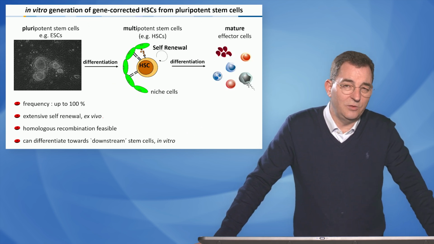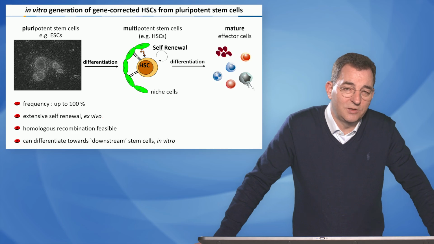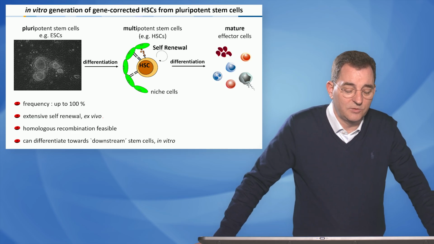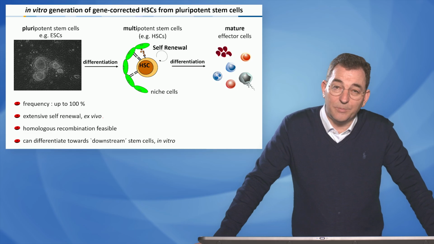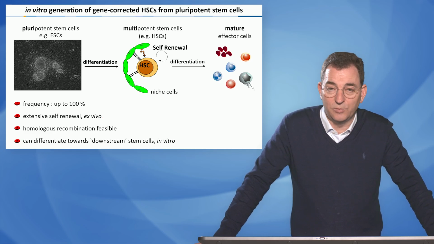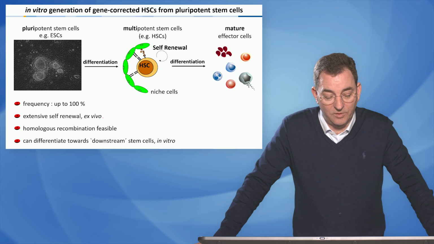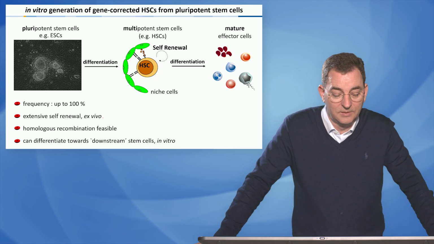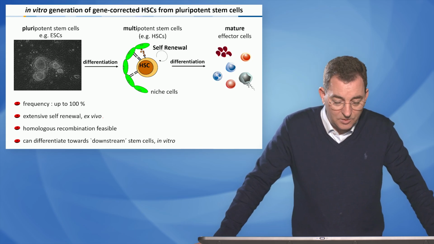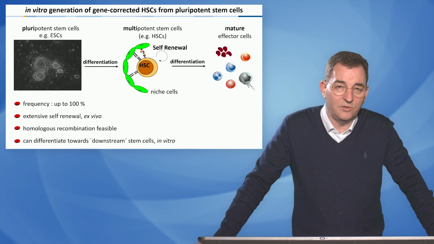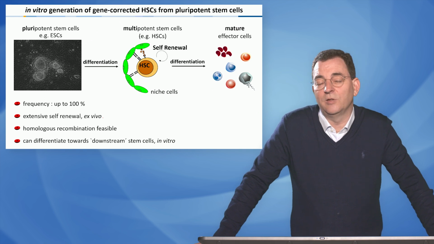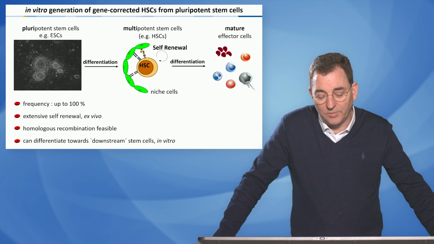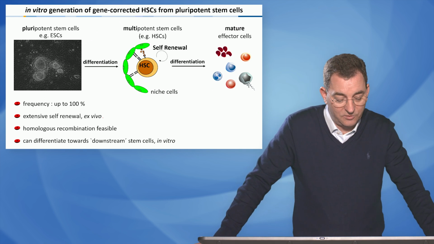In contrast to using adult stem cells, which are in the body only in very, very low numbers, one alternative would be to use an upstream type of stem cell, the pluripotent stem cells, which, as I said before, can be nicely cultivated, not only from mice, but also from humans and other animals. The nice thing is that these embryonic stem cells, or pluripotent stem cells, are present at a frequency of up to 100%, or almost, if you know how to culture such cells.